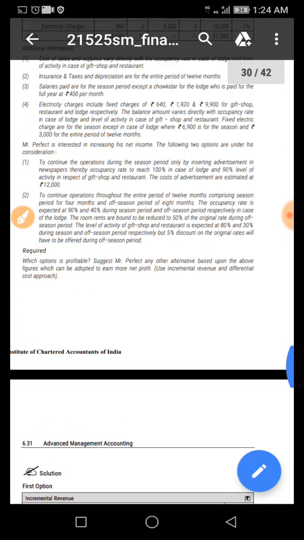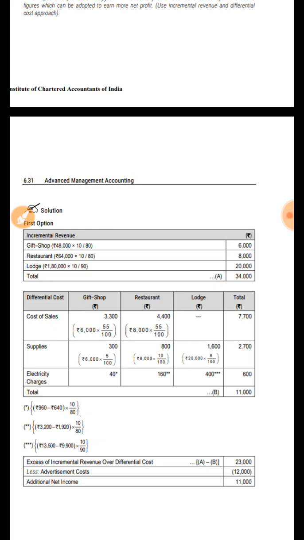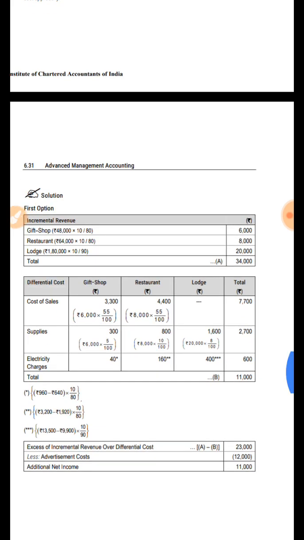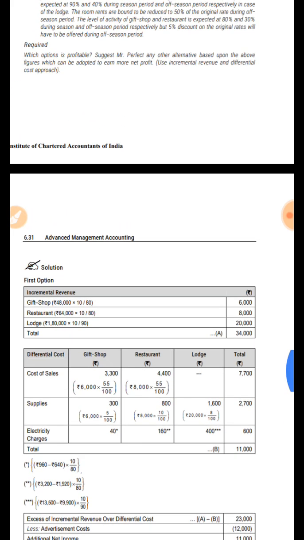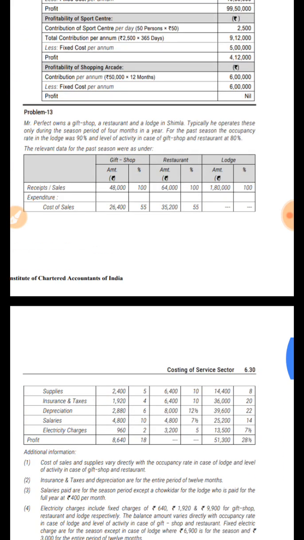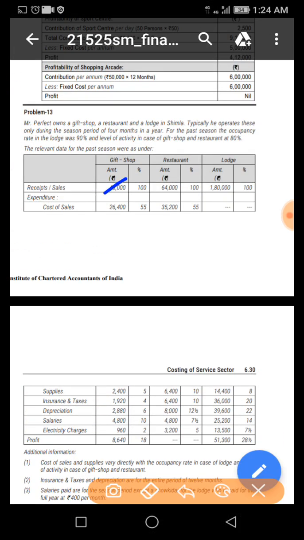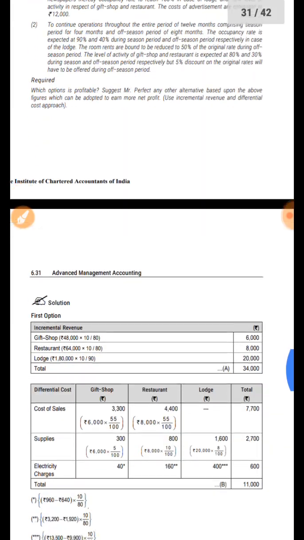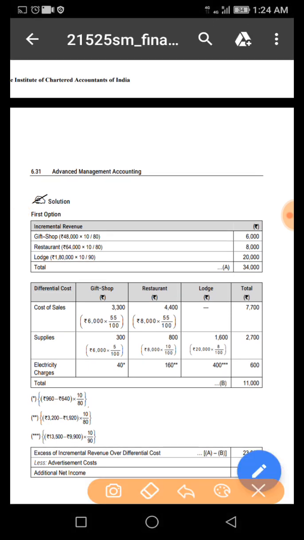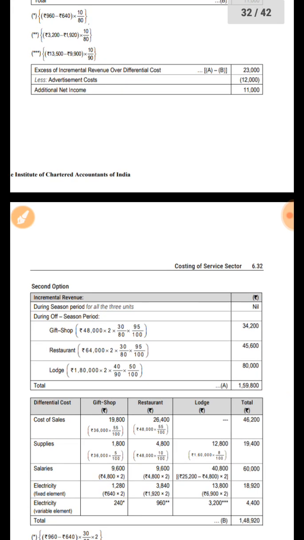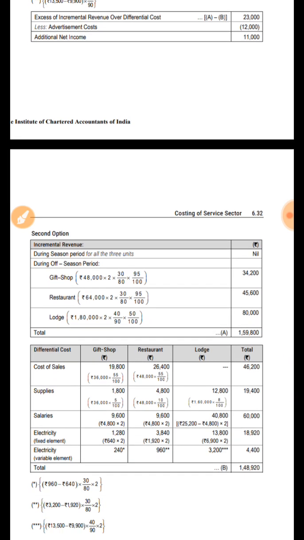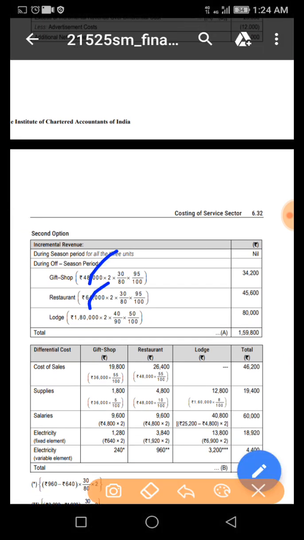Okay, so see, 48,000 is there, no? 48,000, 64,000, 1,80,000.